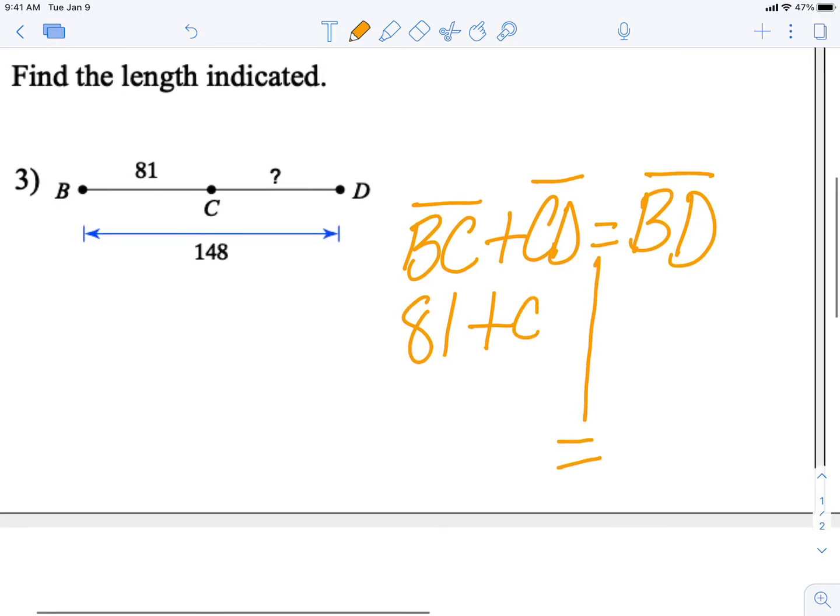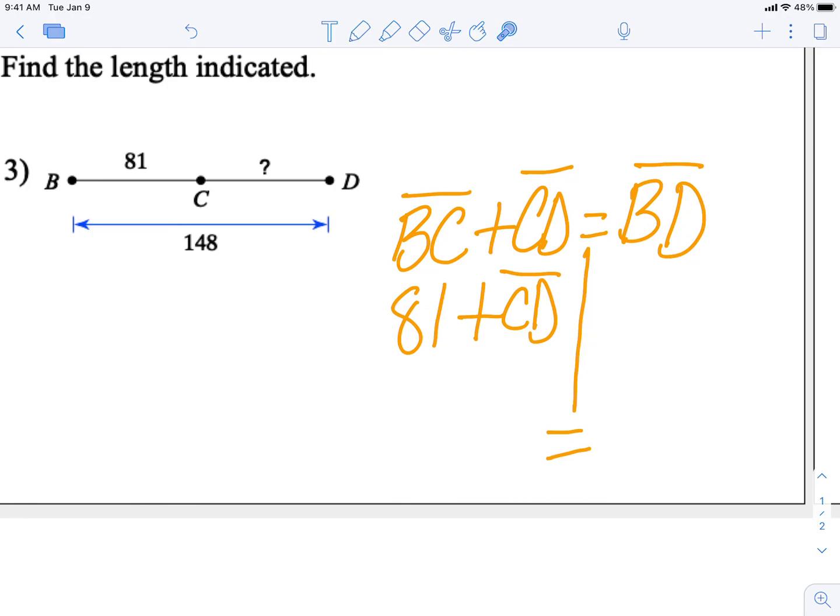So let's leave it, segment C to D. Finally, the long segment, segment B to D, is 148. So I know that segment CD is what I'm looking for. So that means I've got to cross out 81 and minus 81 on both sides. So 148 minus 81 is 67.